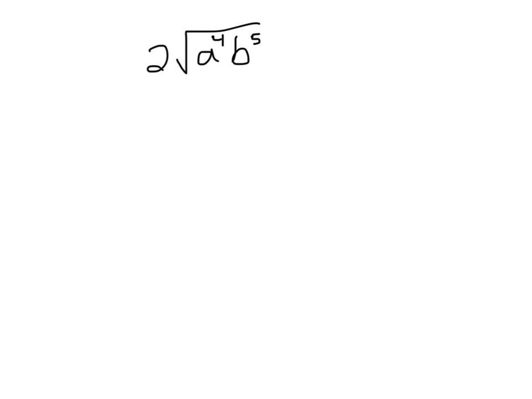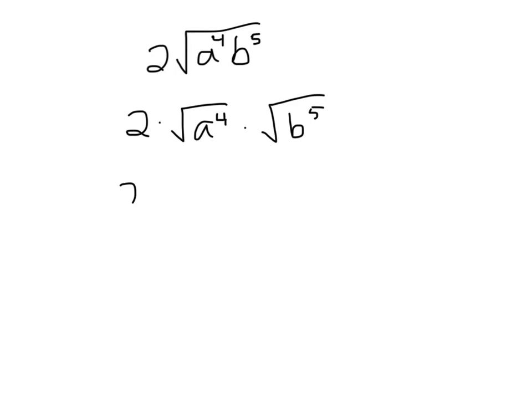Number 15 on your homework tonight involves radicals with variables on the inside. We still want to get the simplest, smallest value inside of our radical. Let's decompose this into 2 times the square root of a to the 4th times the square root of b to the 5th.